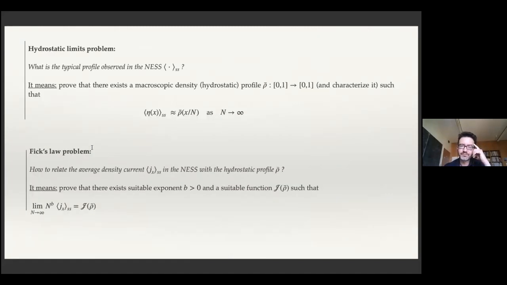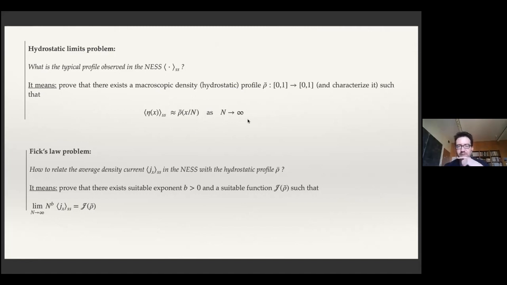Then you can also be interested in the hydrostatic limit problem. That means that you consider the non-equilibrium stationary state of your system. You let the time go to infinity, and you ask what is the macroscopic density profile, rho bar, as N goes to infinity. Can you characterize it?